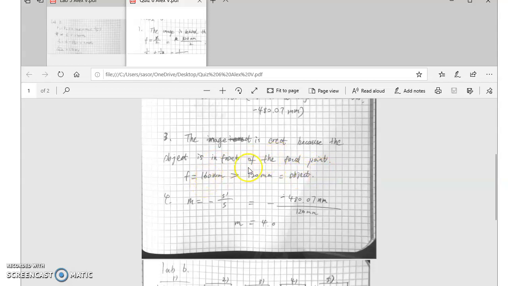That's why the image is erect. Here I just stated that the focal length is more than the object's distance to the vertex of the mirror.